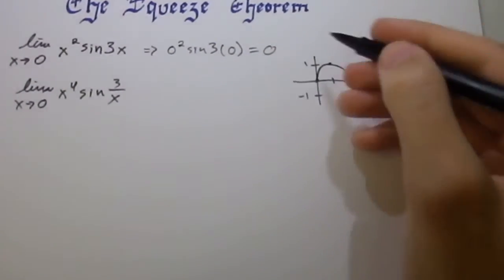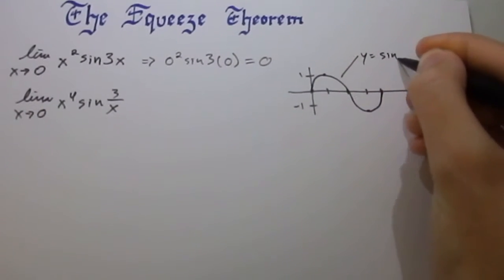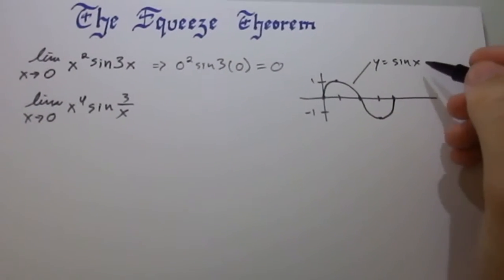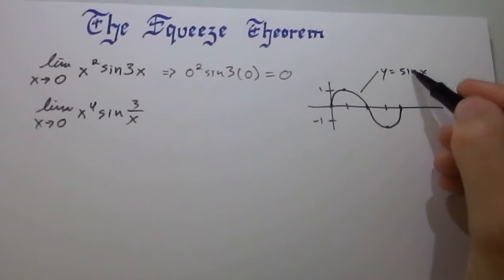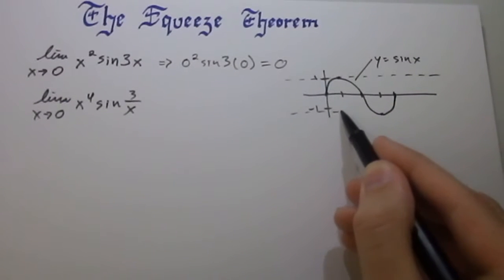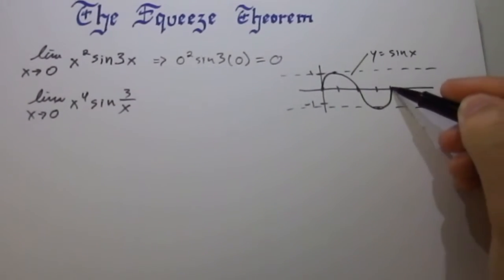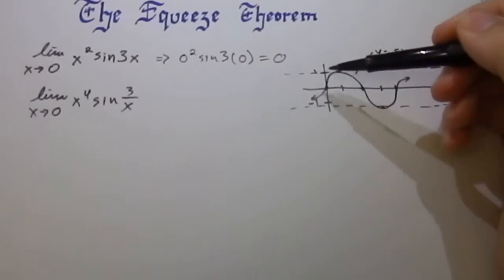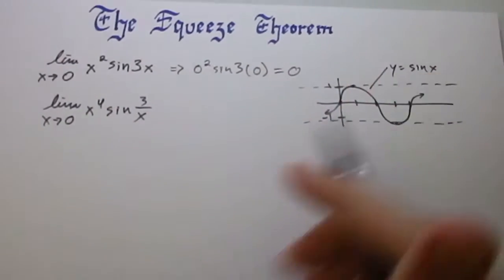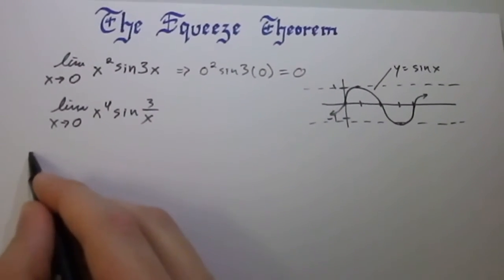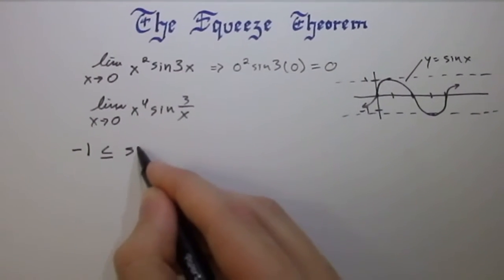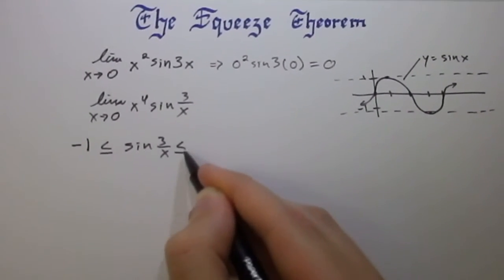Since this is y equals sine of x, notice that the amplitude is 1, and every time the amplitude is 1, even if there's a horizontal shift, the range will always be between 1 and -1. It's going to go on forever, but it's always going to be within 1 and -1. So if the range is 1 and -1, we'll just say that -1 is less than or equal to sine of 3x, which is less than or equal to 1.